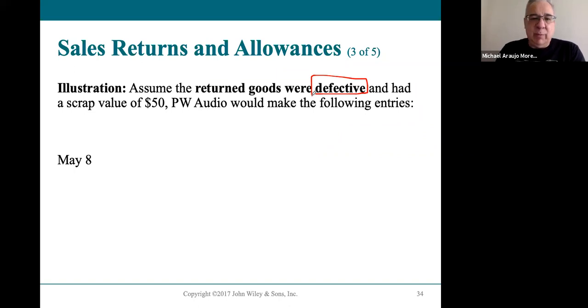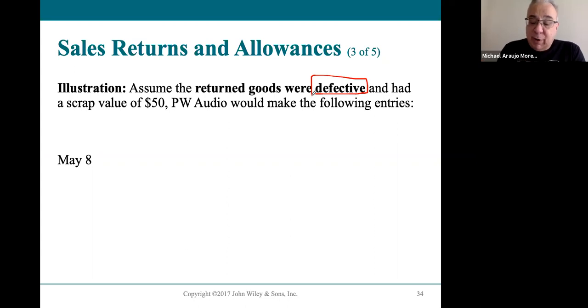Today, thanks to computer-aided manufacturing, robotics, and the technology that makes much of our goods, the defect rate is well below 1%. It's a fraction of 1%. So this doesn't happen to a lot of people.